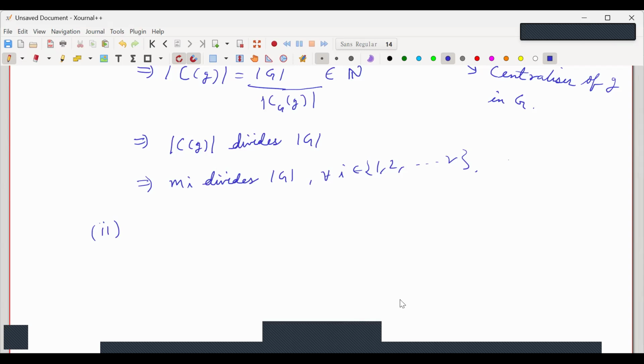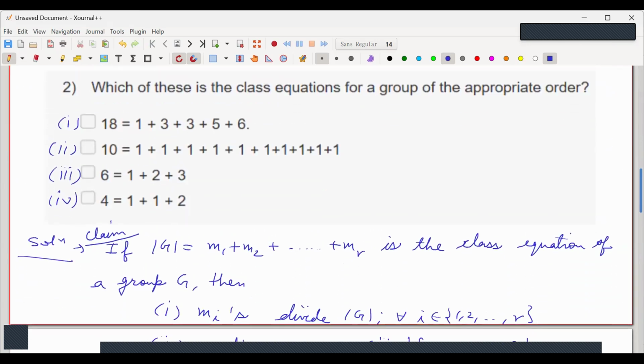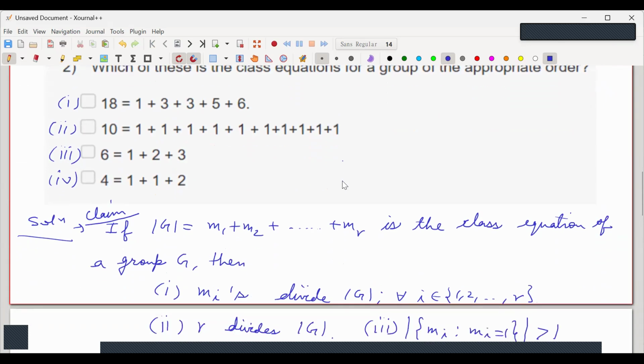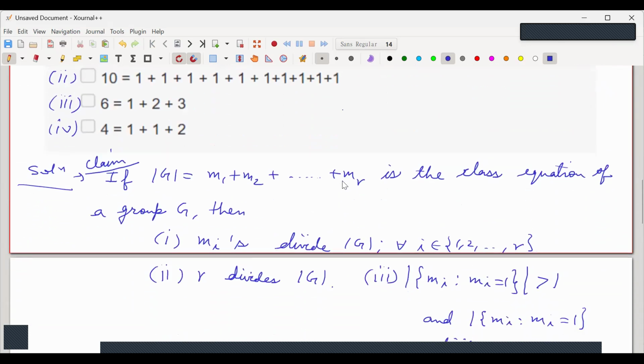Am I audible now? Yes, now you are audible. So I'm saying the number of conjugacy classes divides the order of G. Is it a correct statement? Yes, sir. Then how to prove that?